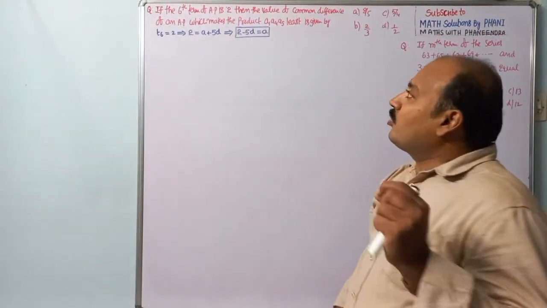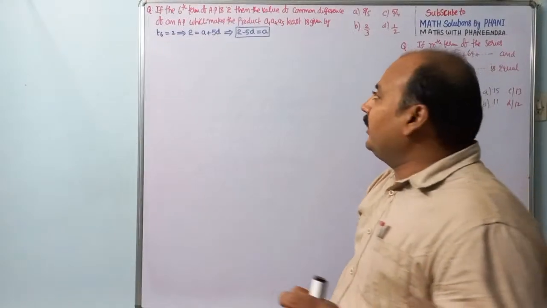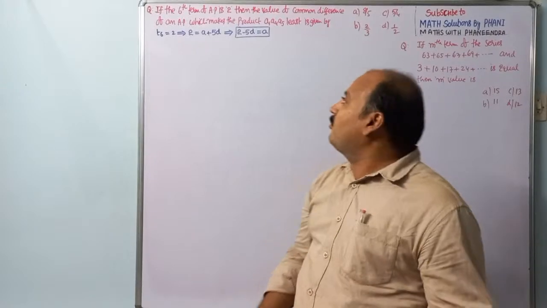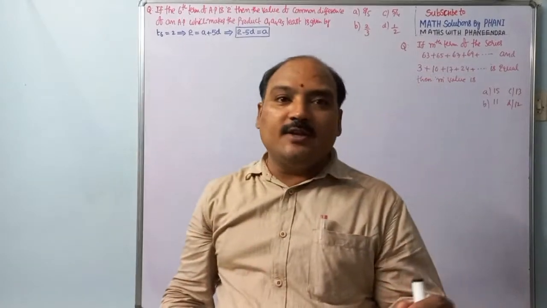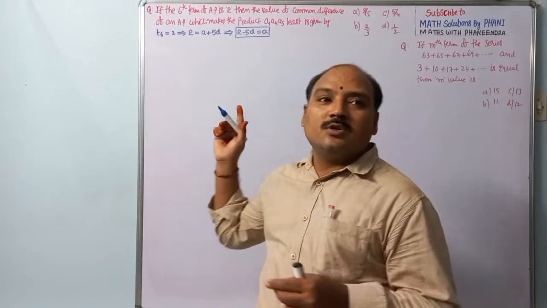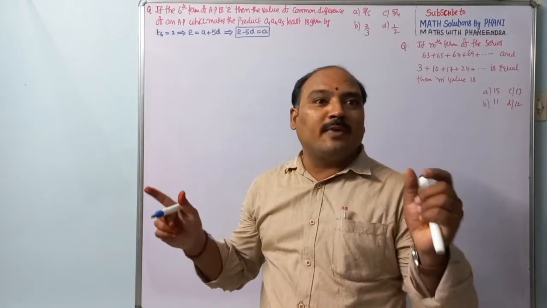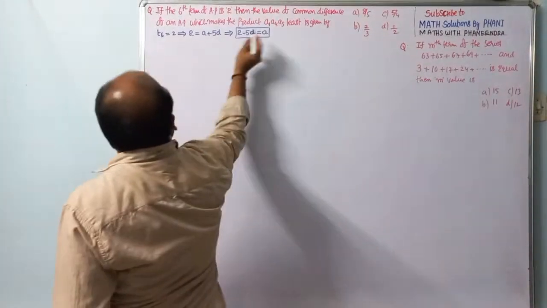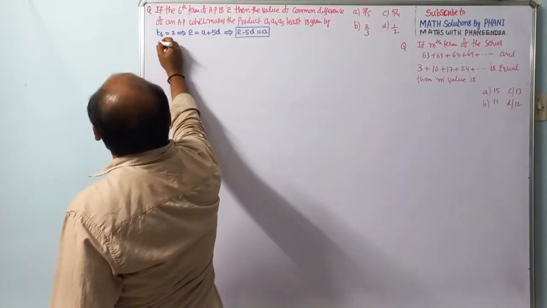Then the value of common difference of an AP, which makes the product A1, A4 and A5 is least. This is not only related to sequence and series but also maximum and minimum, dear students. So what we have to do is, we can find A1, A4, A5.